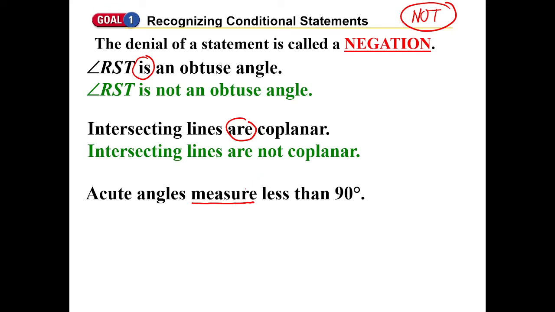Again, I will not put is and are here. Let's focus on measure. My question is, is this singular or plural? Okay, if it is singular, put does not before the verb. Do you get the idea? If singular, put does not before the verb. So what's your sentence now?